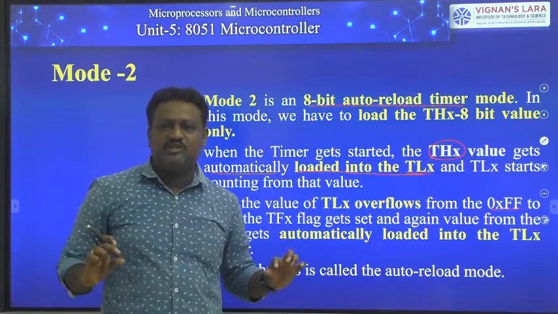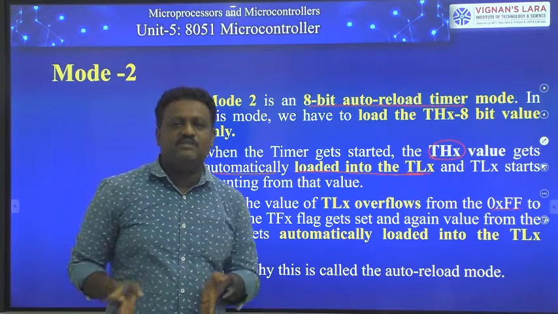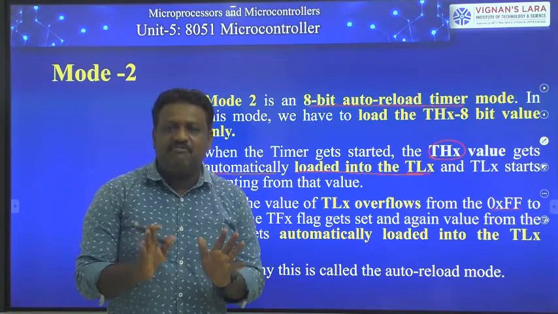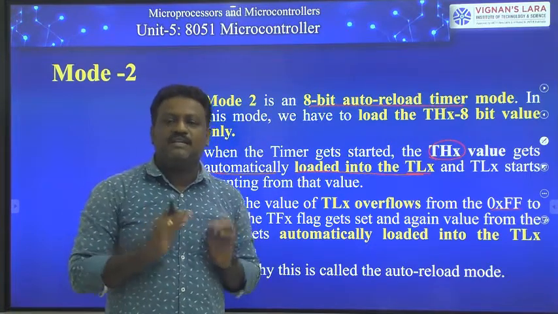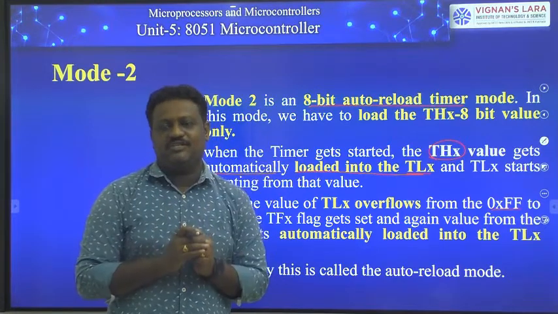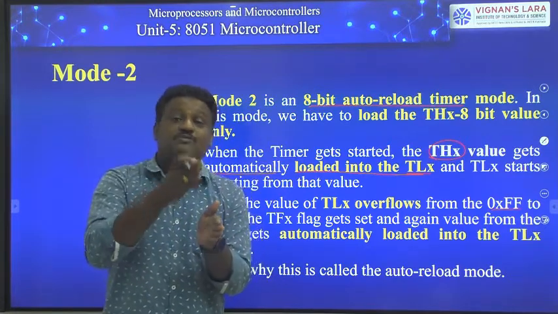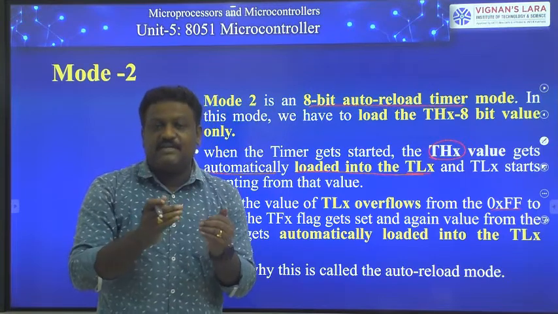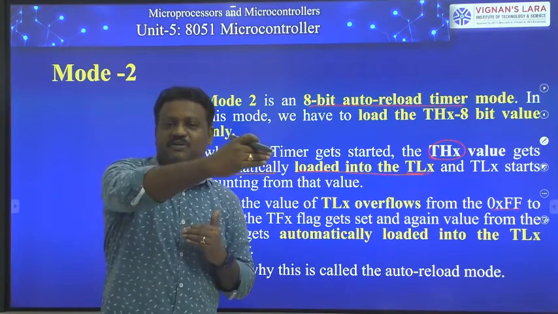Minimum in the sense 8 zeros, hexadecimal equivalent 00H. At that time the timer will produce an overflow condition. At the same time, one more thing happens, that is, the TH value is again copied to TL.